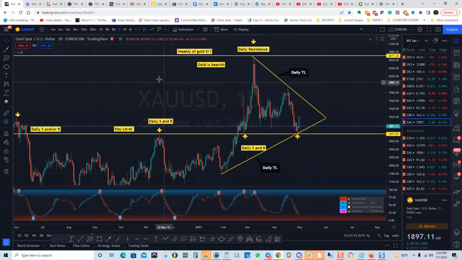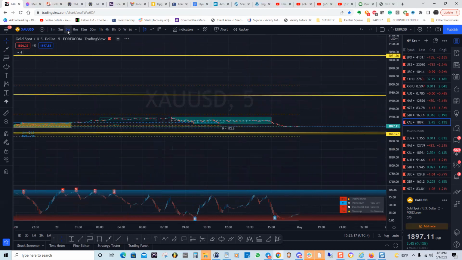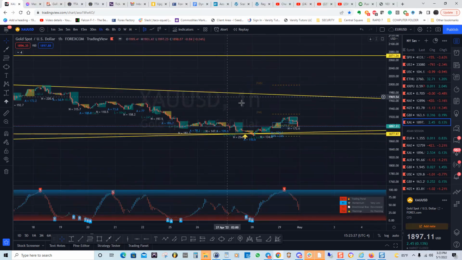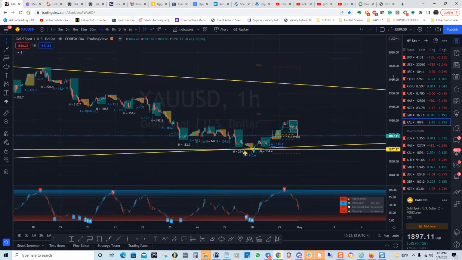So on the 5-minute time frame, it's going to be slow. So that's kind of where I want to see where price hits the trend line. So if I come to the 1-hour time frame just for a second, here's my look at the 1-hour time frame. All right. How far is the 1-hour time frame from a daily trend line? Going up or down?